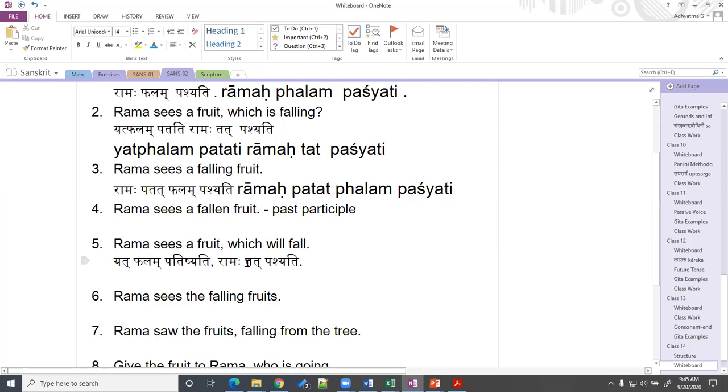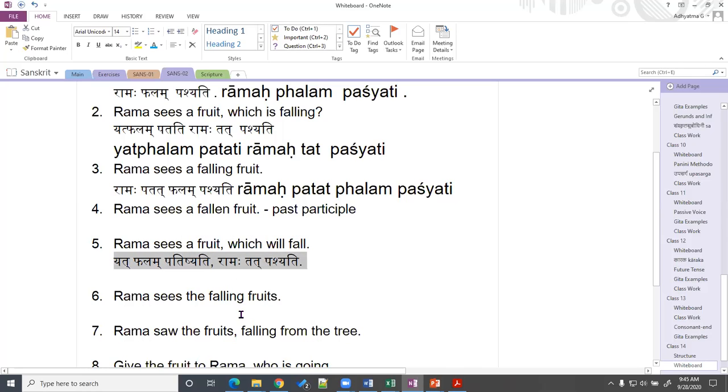So you have to see here that Rama is seeing something which will fall. It's a future verb. There are two different verb forms.